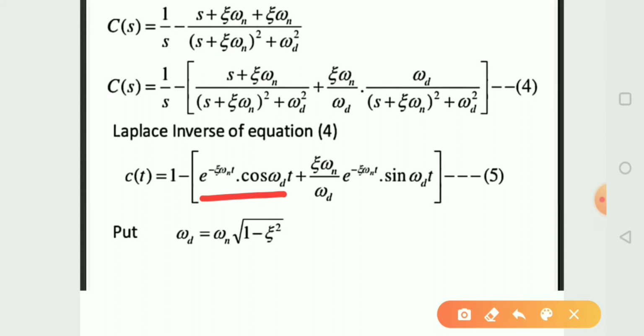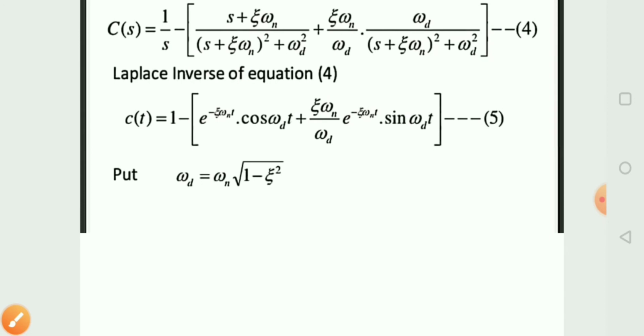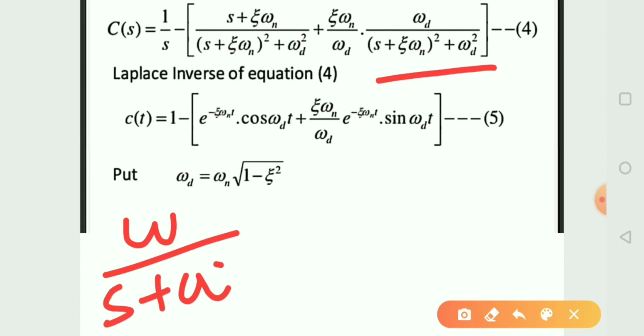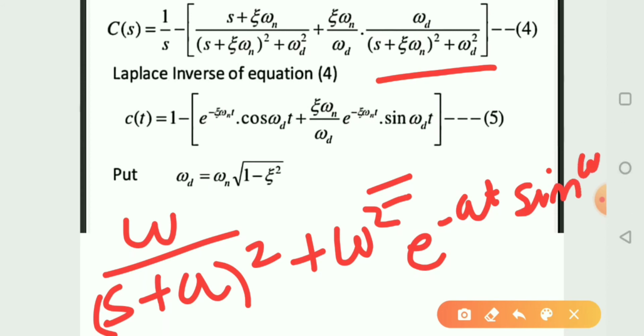Now if we calculate this value, this term is like ω over (s + a)² + ω². Here a is ζωn, and ωd is in the place of ω. So the formula for this is e to the power −at sin ωt.